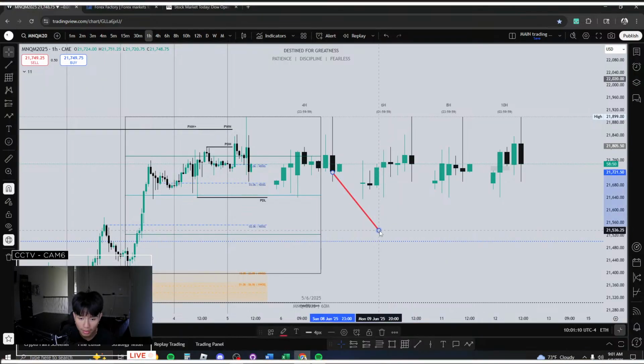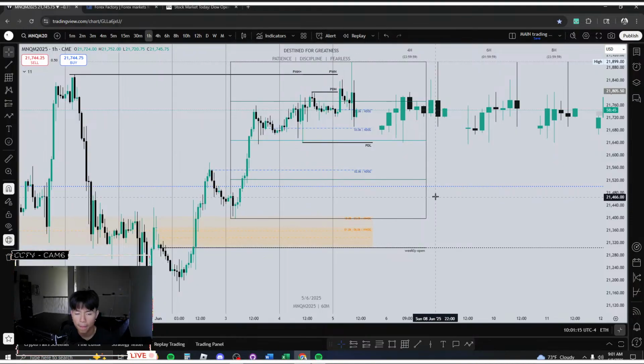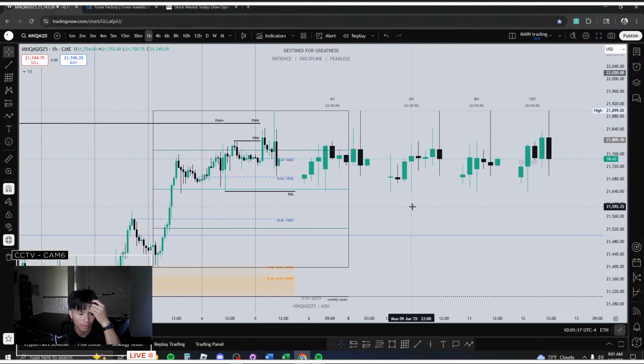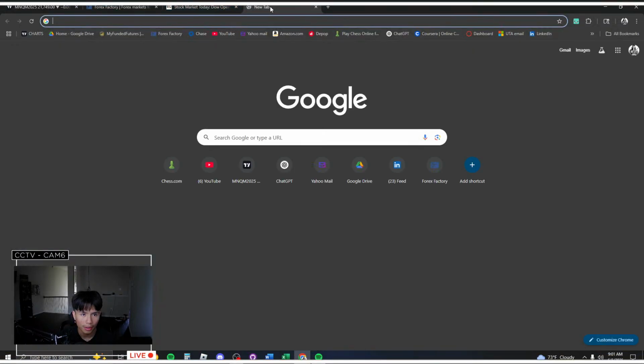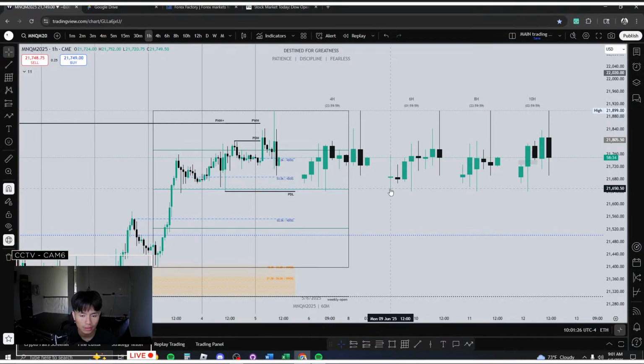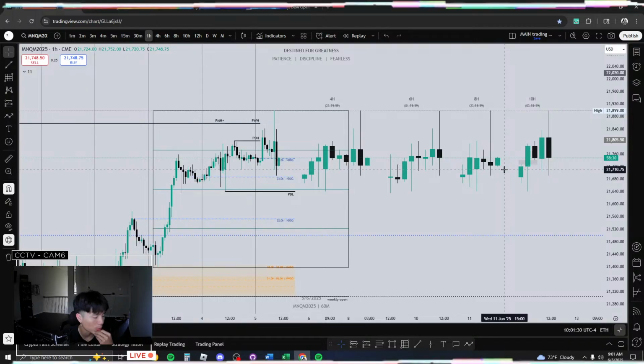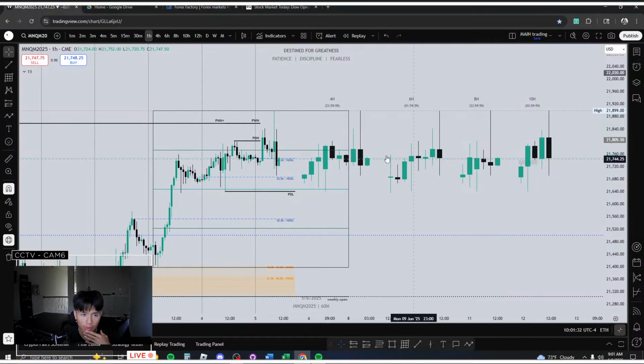Just lower prices here. And yeah, that's pretty much all I have for the technicals right now. So morning objective: 4-hour low, 8-hour low.